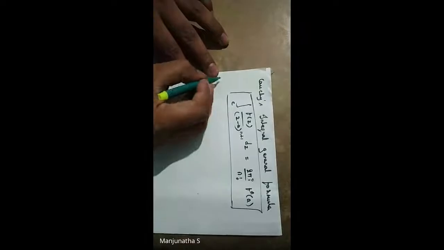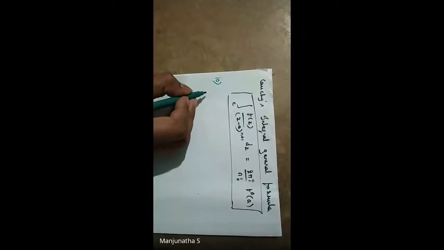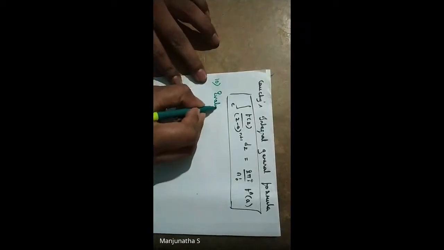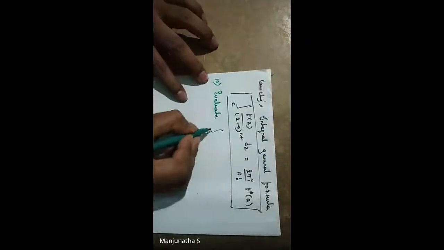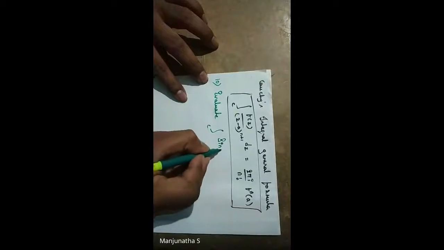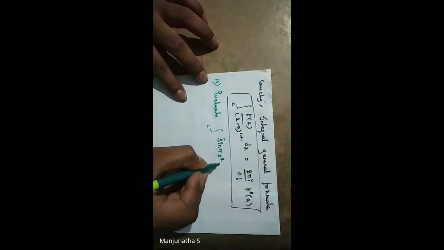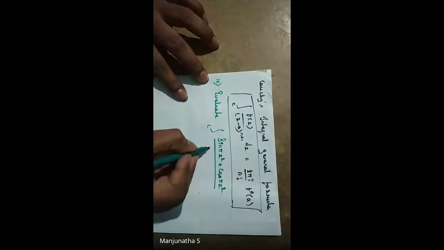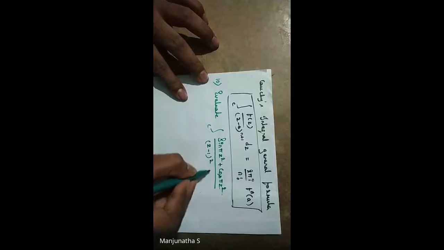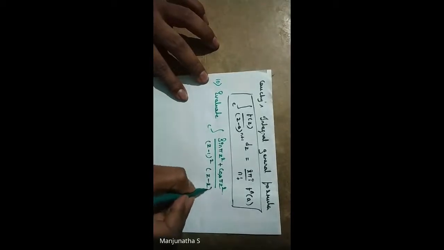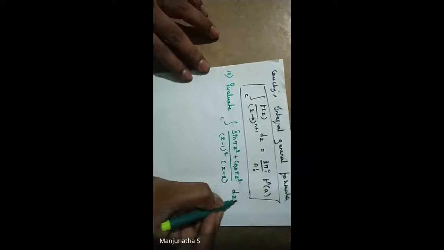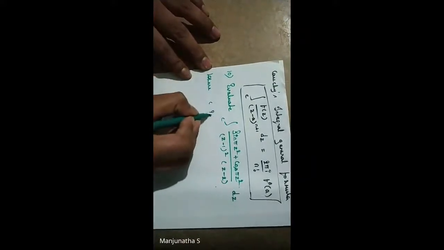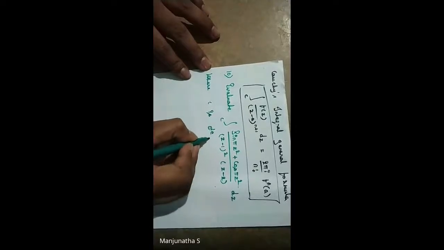So the question is like this. Number of the question is 10. I have shared the notes in your group. So evaluate integration over C of (sin pi z square plus cos pi z square) whole divided by (z minus 1) whole square into (z minus 2) dz, where C is the circle.